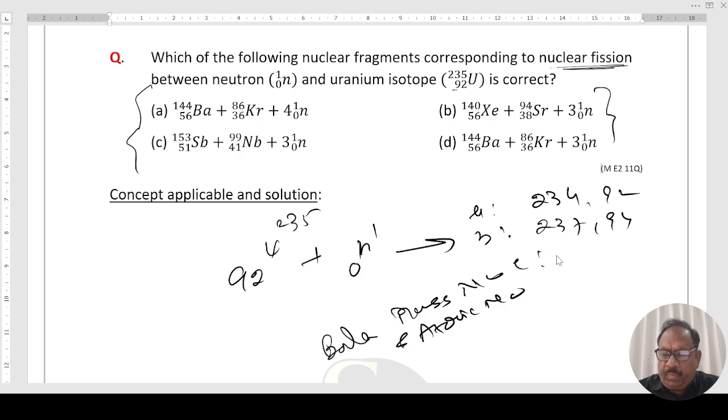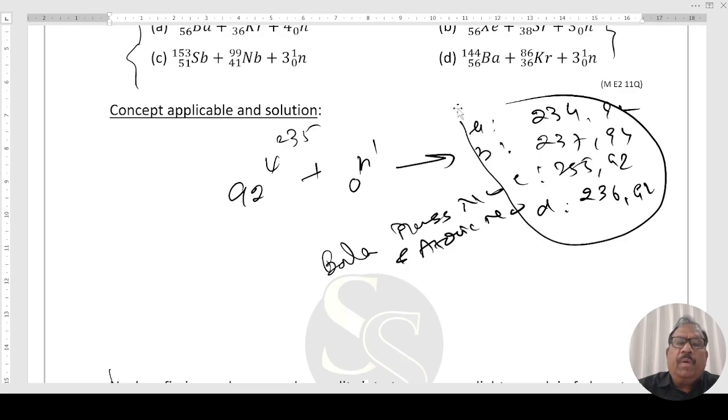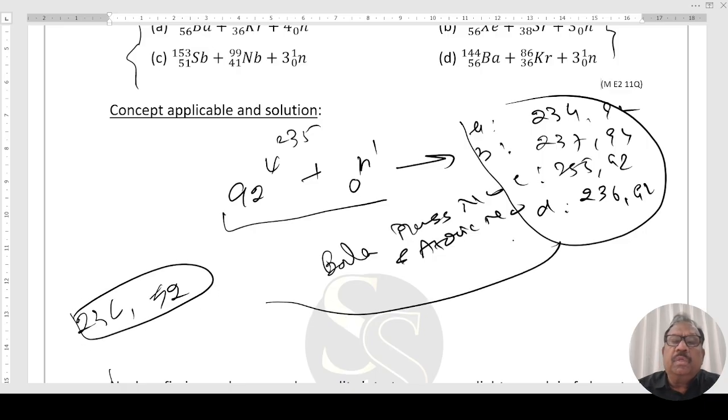Option C comes to 255 and 92. Option D comes to 236 and 92. These are the right side options. And the left-hand side is 92 and 236, which is matching, so that is the answer. 236, 92, 236, 92. D option is the correct option, right?